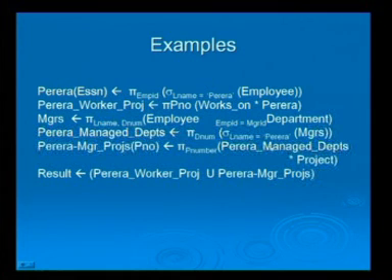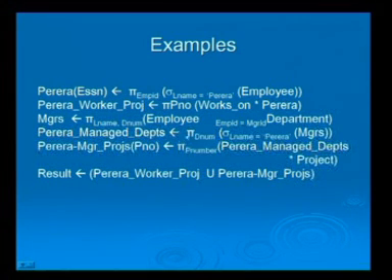Then we combine the relation where Pereira is working as a manager with the projects to find out the projects that are controlled by this particular department, and from that we project the project number.